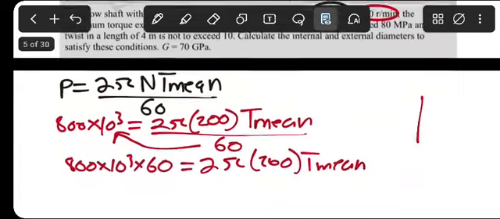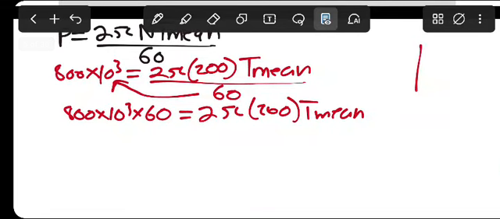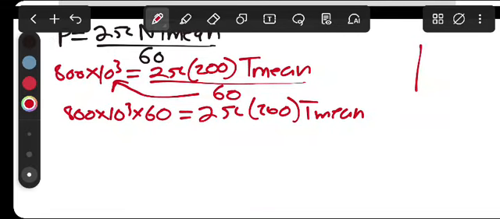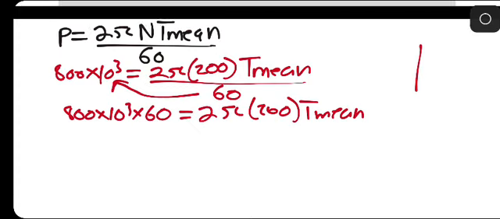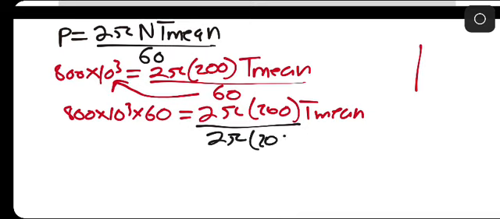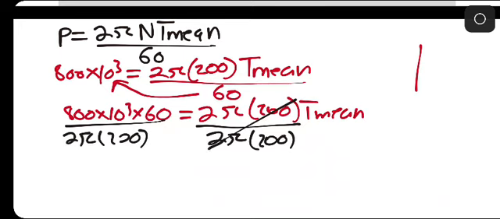Now we can divide both sides by 2 pi times 200.